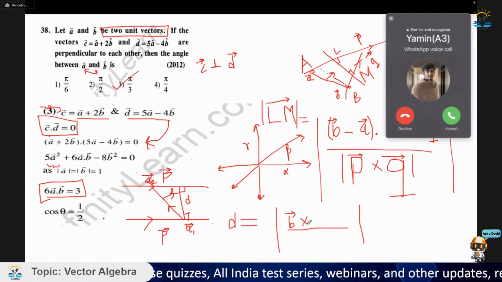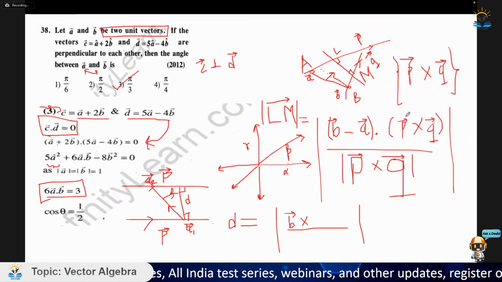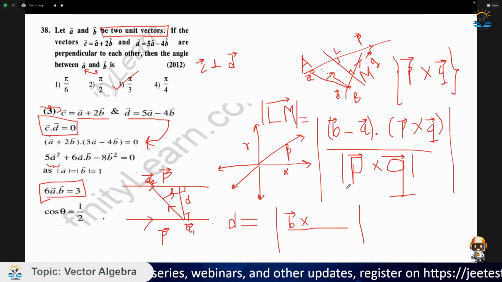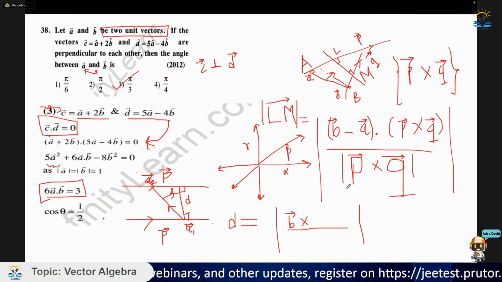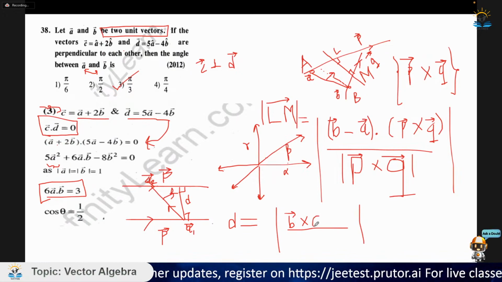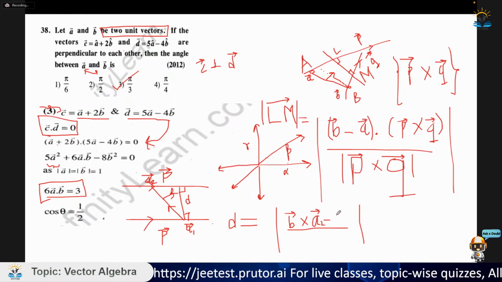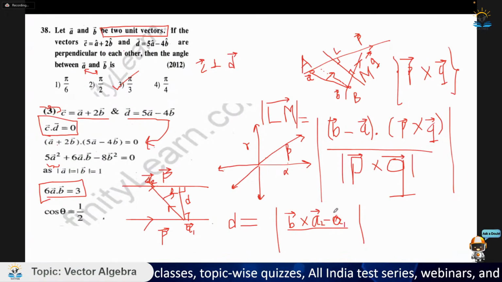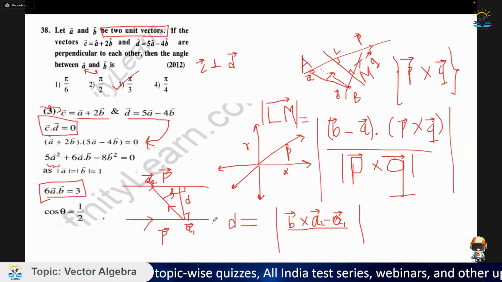So this will be b cross a2 minus a1 vector. This is because, considering the triangle, we know simply the value of d.